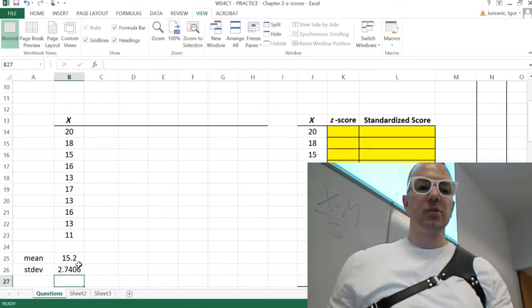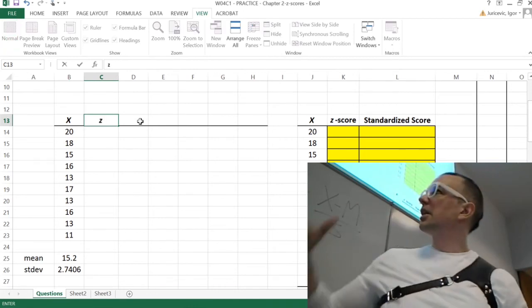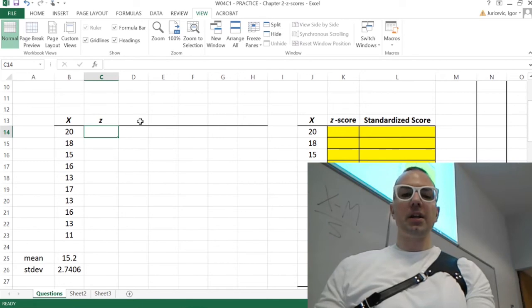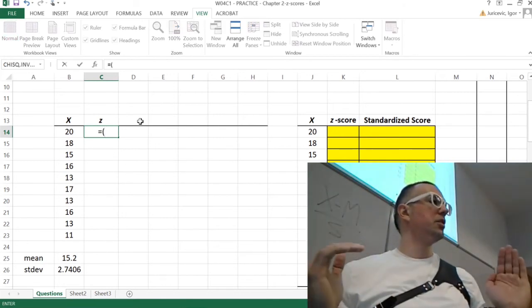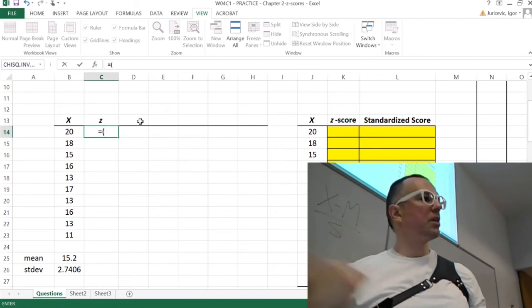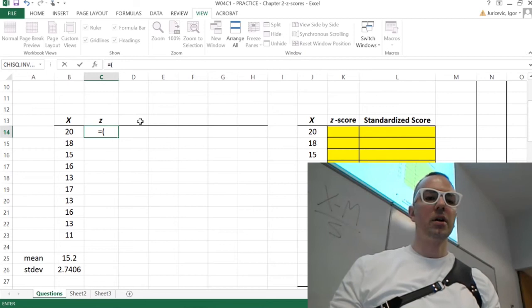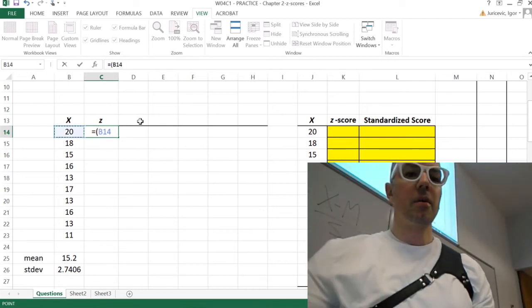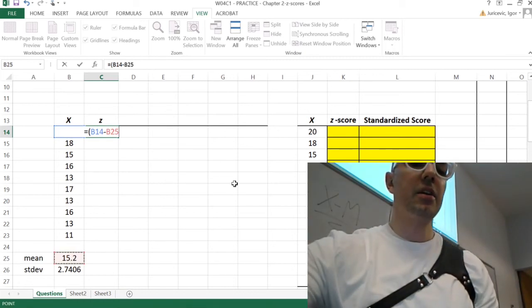And then, this is the wrong way to do it. I'll just show you this so that you see what happens. You might say to yourself, all right, now I'm going to do that formula. In the formula, you are going to need parentheses because we need to do that top part first. We need to do the numerator first. Then we can move on to what's on the denominator. So we need our raw score, so we can highlight the raw score, minus our mean, and then all of that divided by the standard deviation.